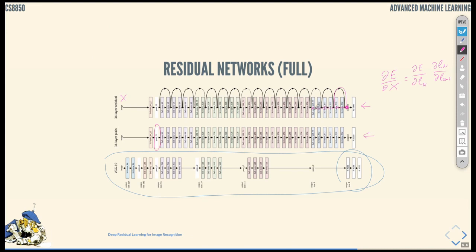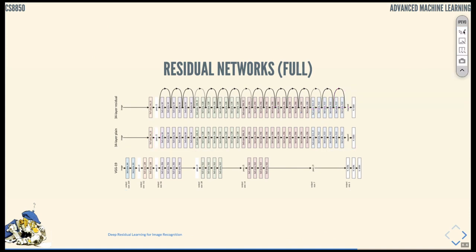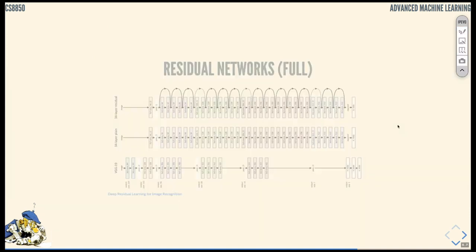Even if in one block something bad happens, the gradient vanishes, and this gradient that's supposed to come through goes to 0, we'll still be able to pass the gradient to anywhere in the network and continue training. That is an important property of residual networks, as well as highway networks, of course.